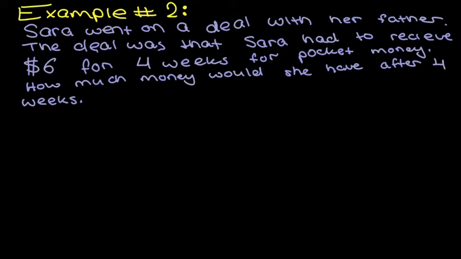Example number 2. Sarah went on a deal with her father. The deal was that Sarah had to receive $6 for 4 weeks for pocket money. How much money would she have after 4 weeks?